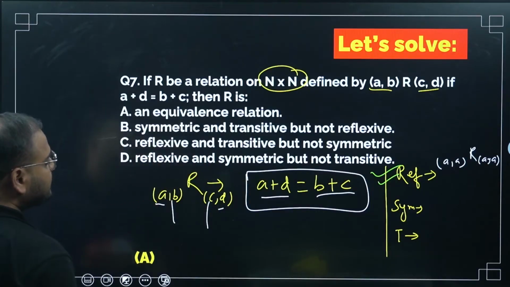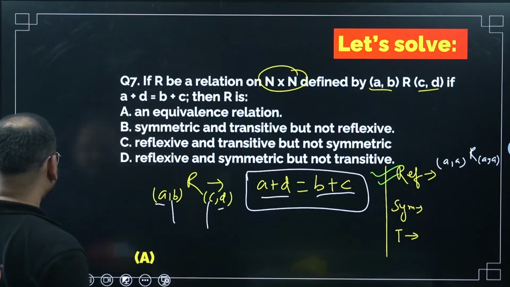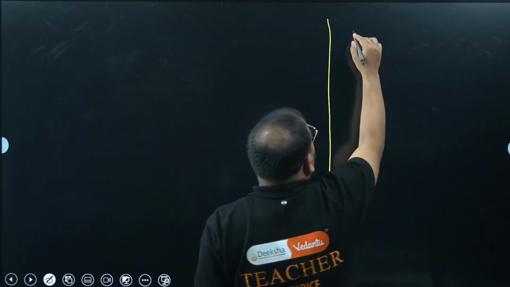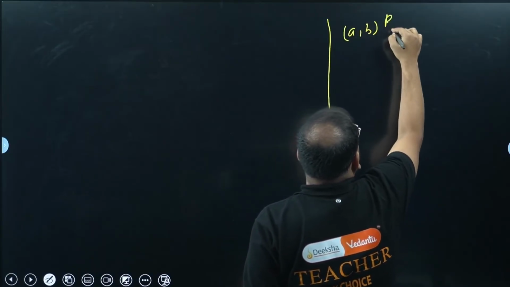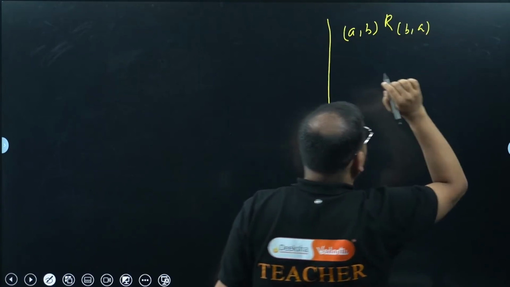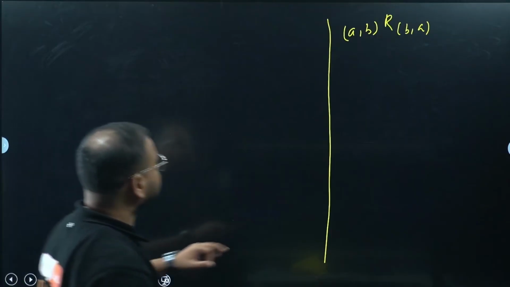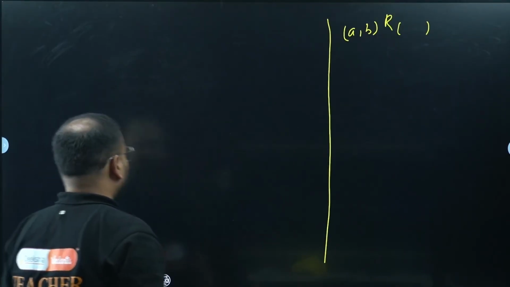Now what about symmetric? How will I write the symmetric part? If it is A comma B to B comma A. Sorry, there are 4 elements, no? Forgive me please, I made a mistake.